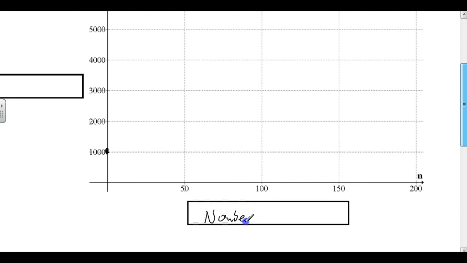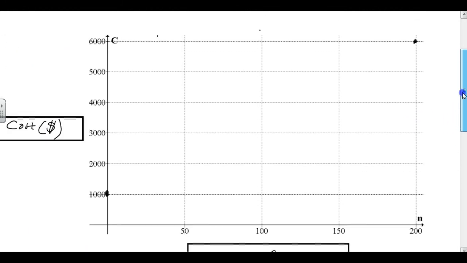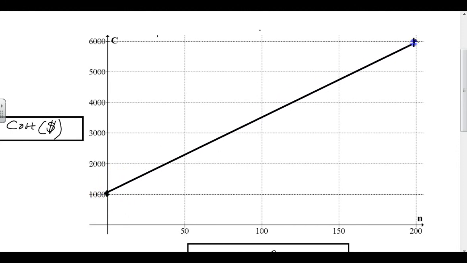We don't need units because it's obviously a number. And this is cost, and we do need units. The cost is in dollars, right? Because who knows, it could be euros or something. And we're going to draw, oh wait, I'm going to do a straight line. So hang on, I'm going to do this right. Boom, straight line, nice.